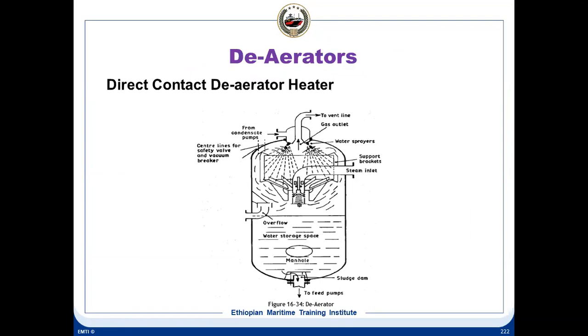Normally on our kind of ships, cargo ships where we do not have main propulsion by steam turbine, the main propulsion is by a normal IC engine. Since we do not have main propulsion by steam turbine, we do not come across deaerators. But you never know, on some ship it could be fitted.